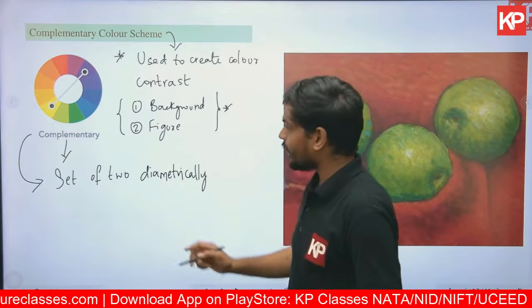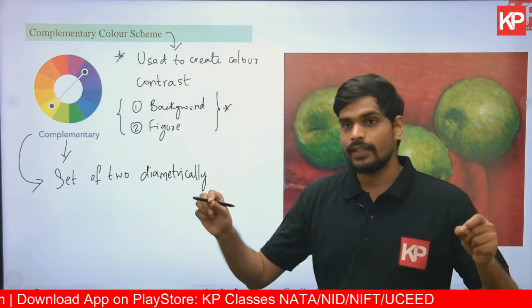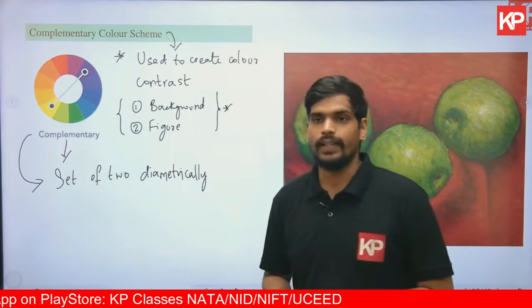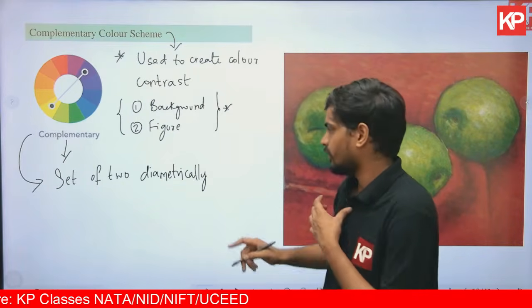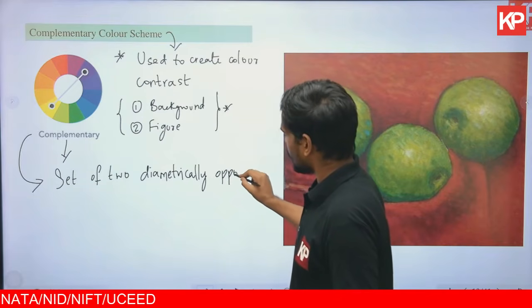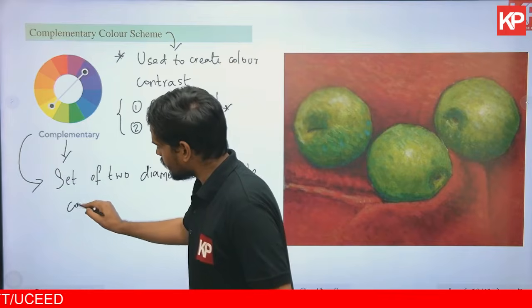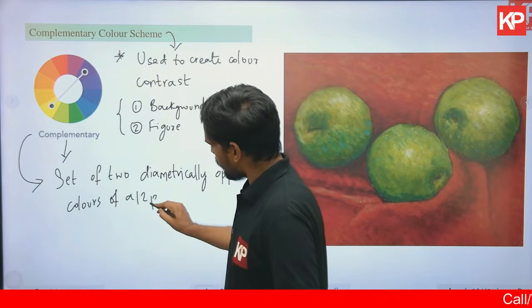What is diametrically? Diameter, you know what is the diameter of a circle? Basically the largest chord of a circle is called the diameter. So you can see over here 2 opposite points. If you take a point on a circle and join the opposite point to it, that is diametrically opposite, that is called the diameter. Set of two diametrically opposite colors of a 12-part color wheel.